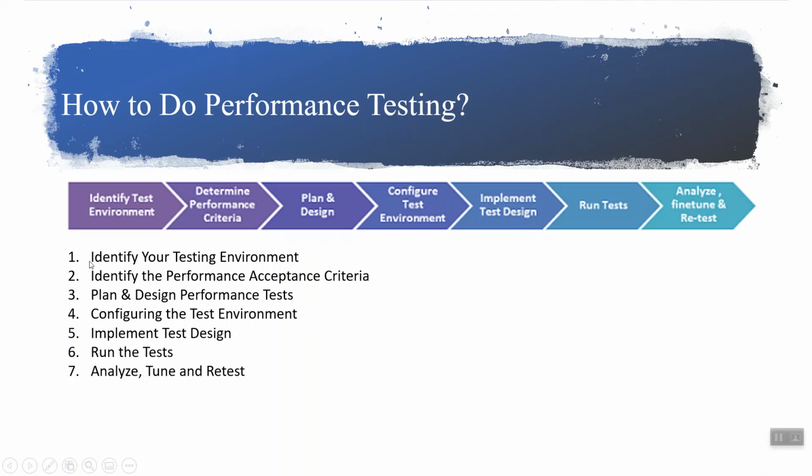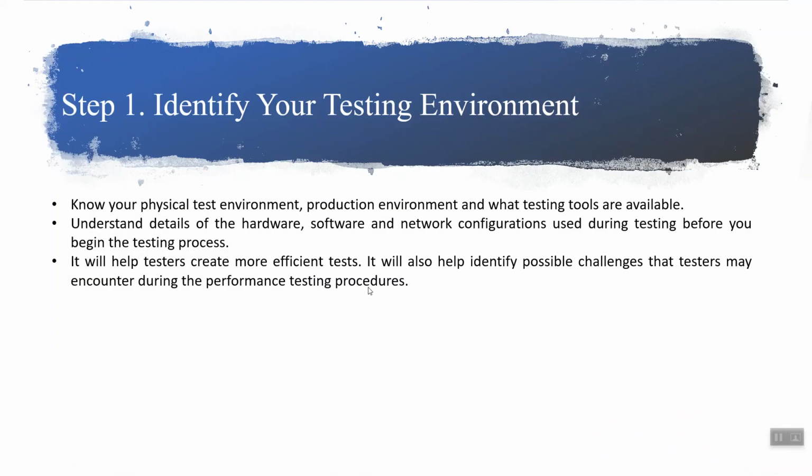First is identifying your testing environment, then identifying the performance acceptance criteria, then plan and design performance test. The fourth one is configuring the test environment. After that, implementing the test design and then run the test. And the last is analyze, tune and retest. So we will see one by one what are those different seven steps for the performance testing.